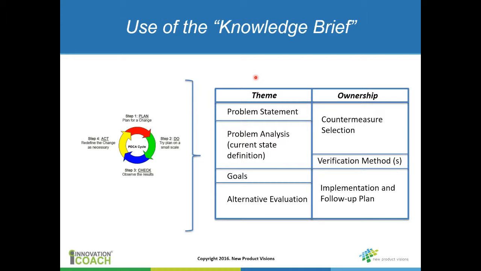But you've identified that as a risk in the sense that you really don't know how you're going to create that design. So that's an uncertainty. It's an unknown unknown. You really don't know what that design is going to be. So that might be a knowledge gap. And so that's the theme of this particular knowledge gap. Somebody's going to own it, probably an engineer. And then you've got this brief that basically looks at the various aspects of that problem.